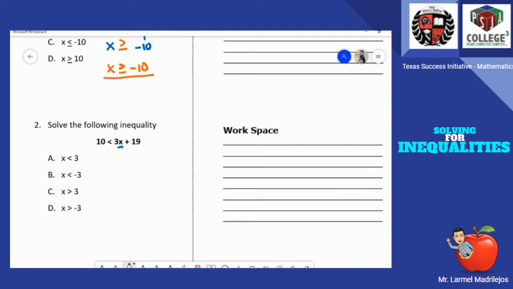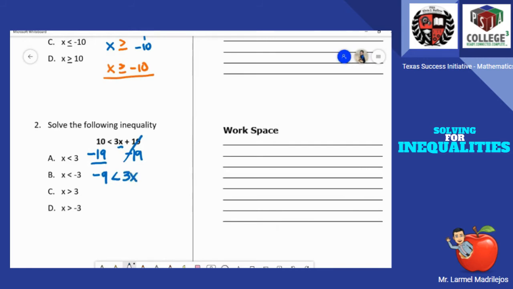So we need to take the opposite sign of positive 19, which is negative 19. So this zeros out. I need to do that on both sides of the equation. So 10 minus 19 gives me negative 9 less than 3x.